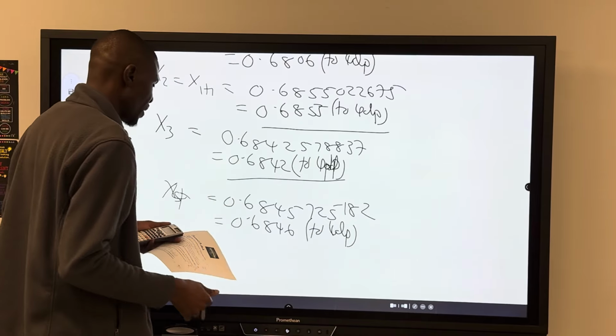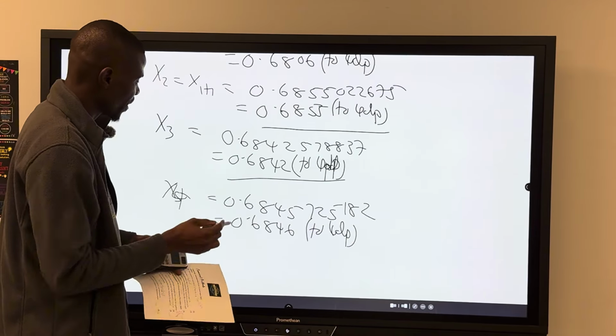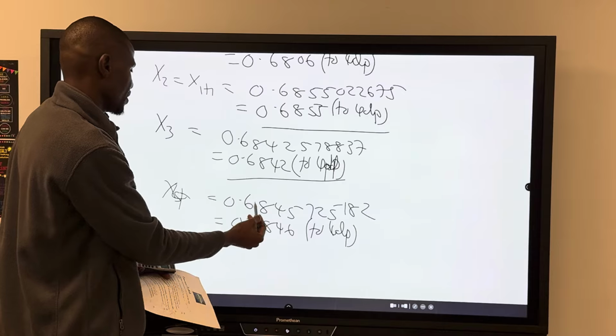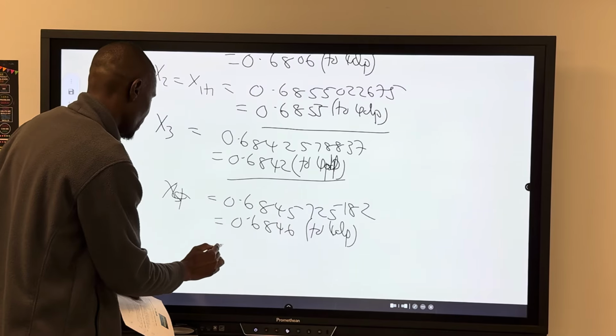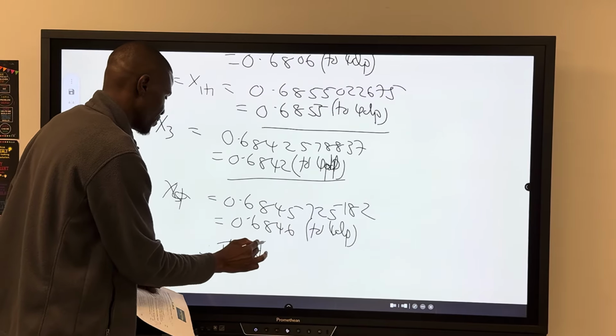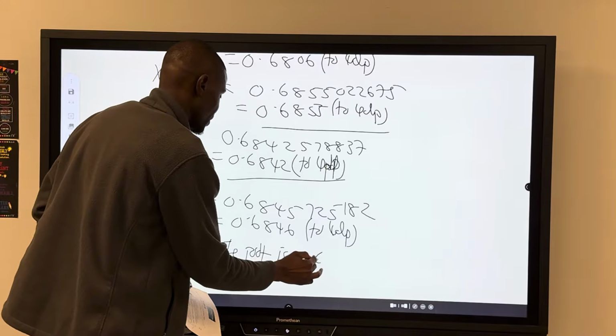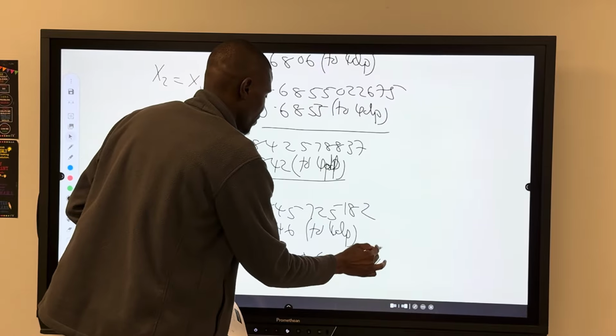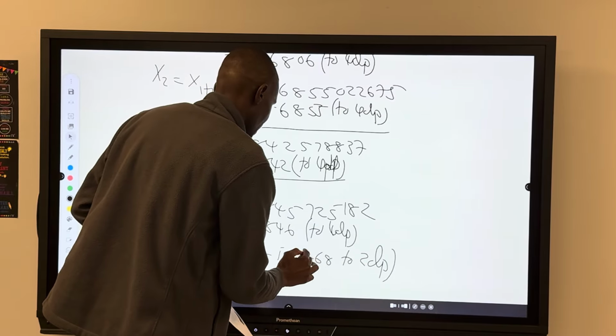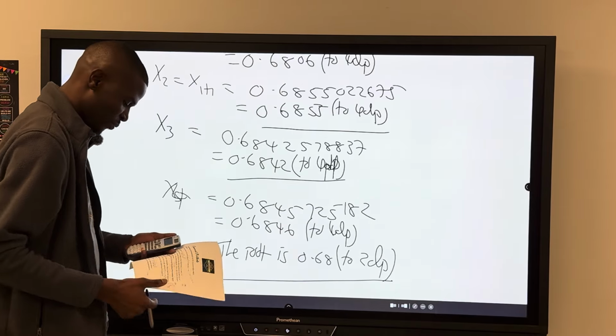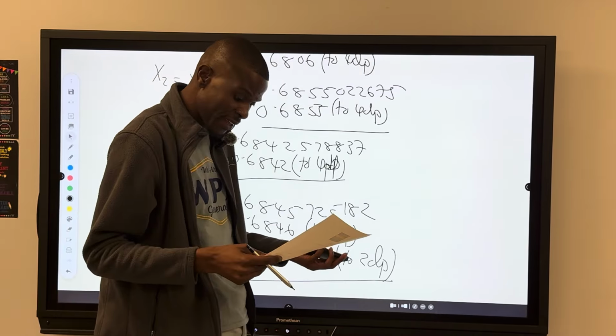But remember, guys, we want our answer to 2 decimal places. So this was 0.68, 0.684. Therefore, the root is 0.68 to 2 decimal places. Then we are done here.